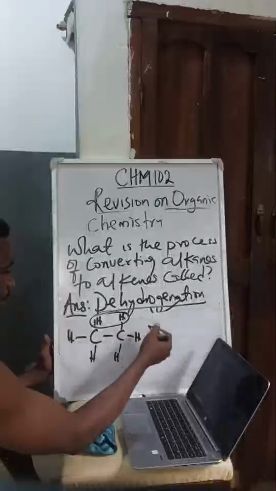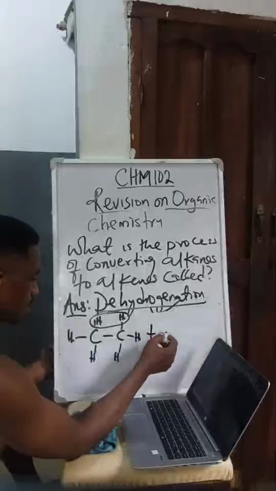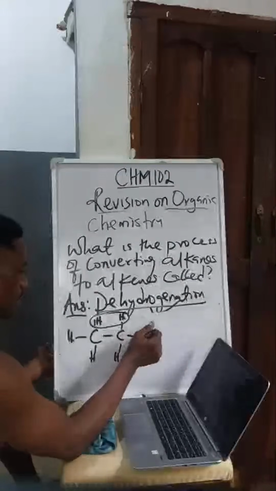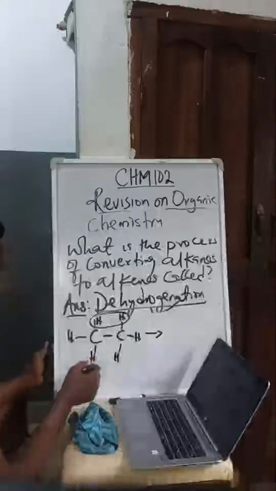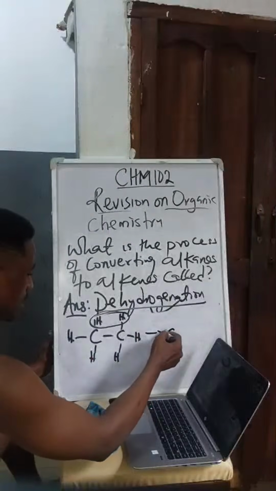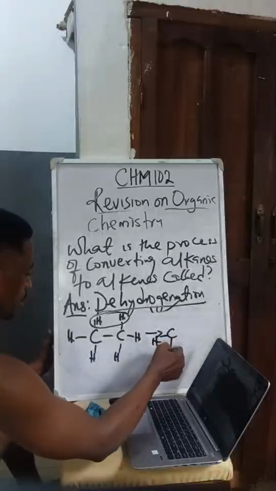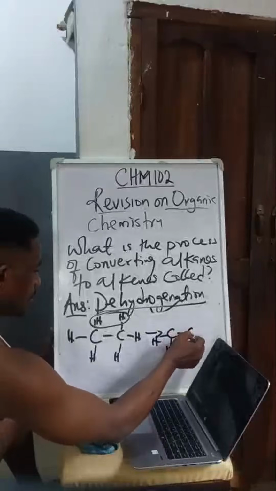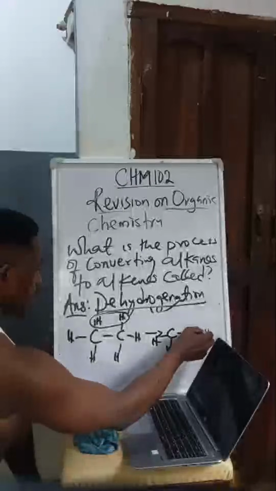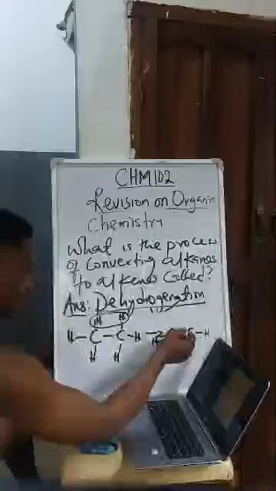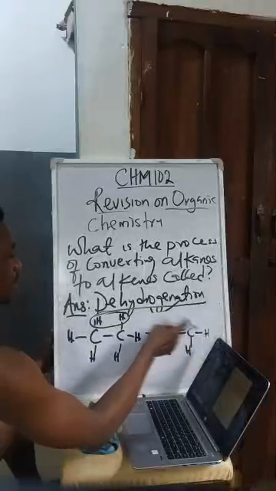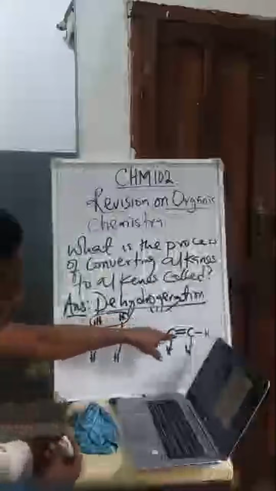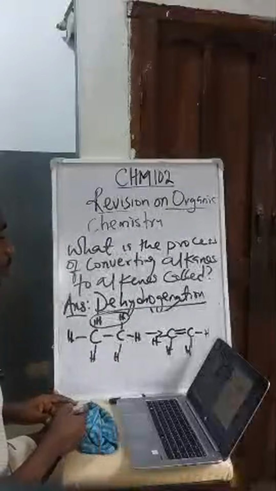You have removed two hydrogens, so you will be left with C, H, H, C, H, H. Then the carbons will bond to each other and become a double bond.